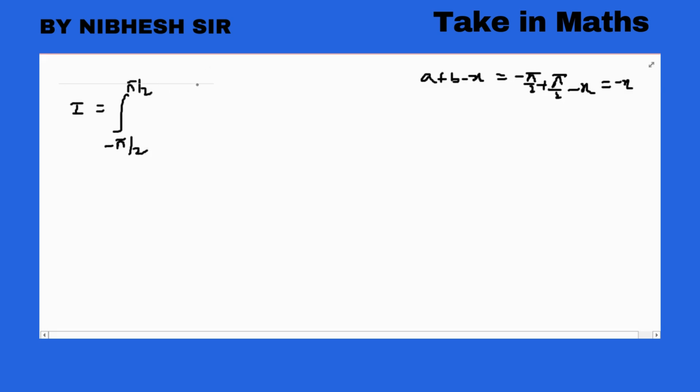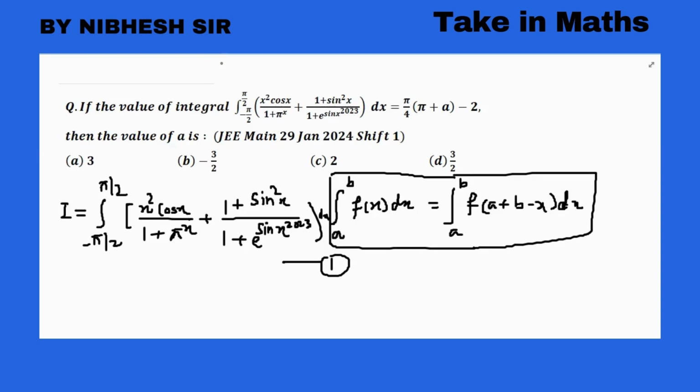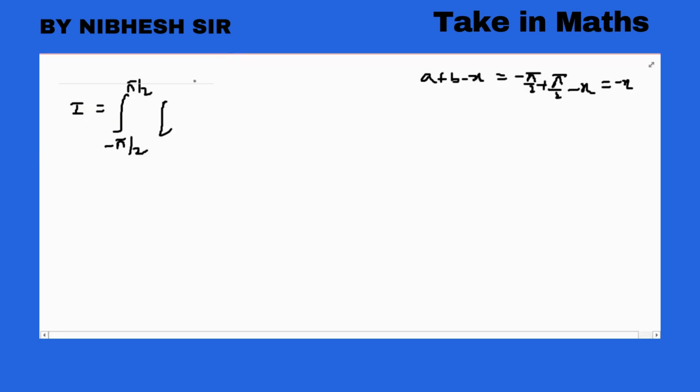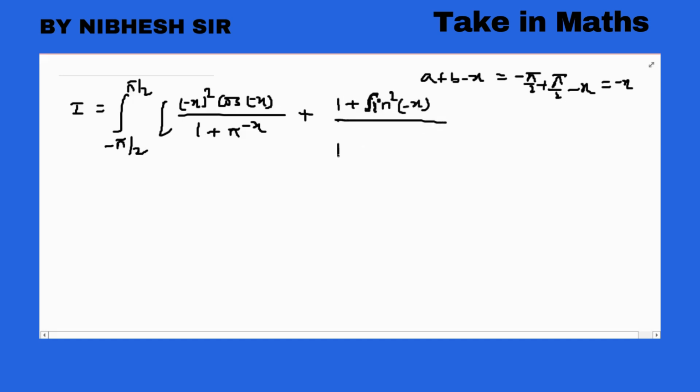Then what we have here is x square cos x, so x will be replaced by minus x: minus x whole square, then cos of minus x divided by 1 plus pi to the power minus x, then plus 1 plus sin square of minus x, divided by 1 plus e to the power sin of minus x, whole to the power 2023 dx.